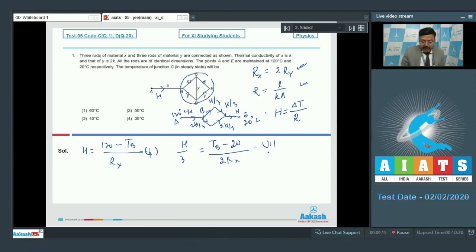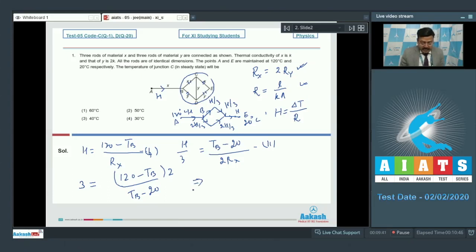Let's divide 1 by 2, and if we divide 1 by 2 we get 3 on the left hand side, and on the right hand side we get (120 minus TB) divided by (TB minus 20), and again there will be 2 in the numerator here. Let's solve it.